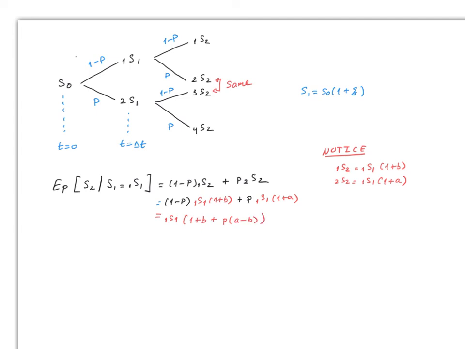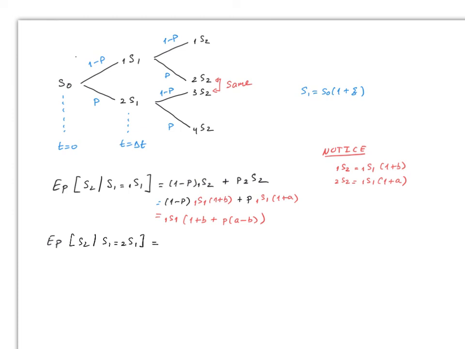Now if we do the same thing, but assuming that now we went down instead of going up, the process is identical, you just have to switch the values. So now we're assuming that S1 went down.